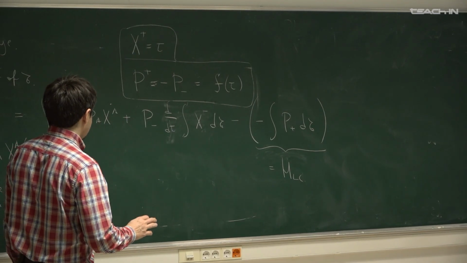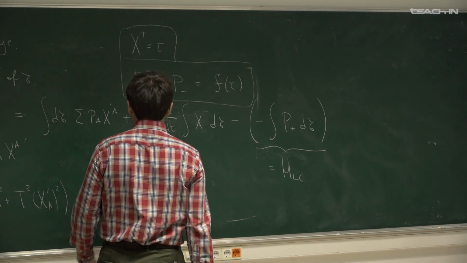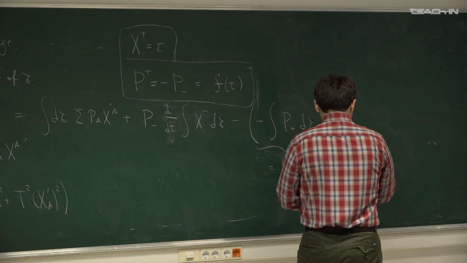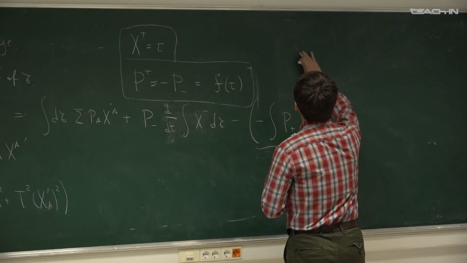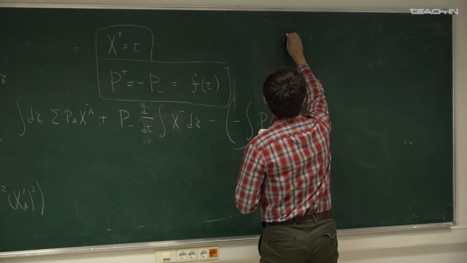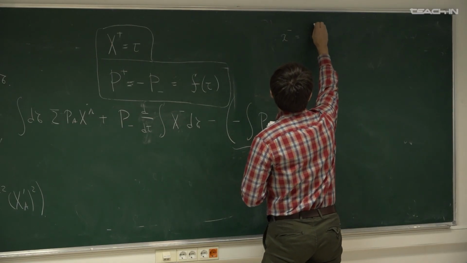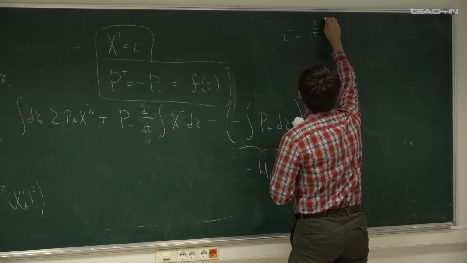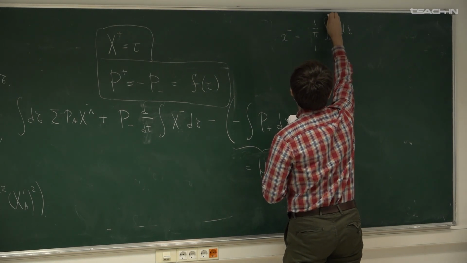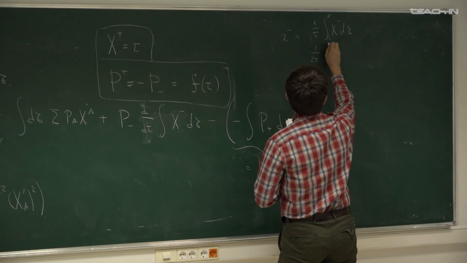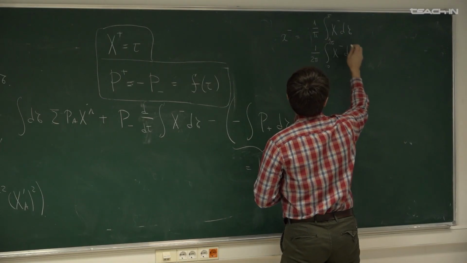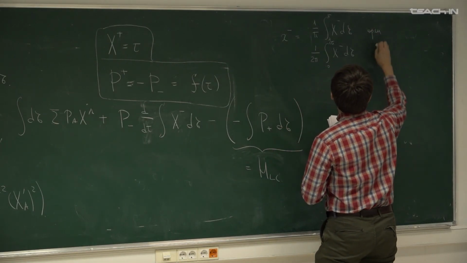Now we will use our notation for these averaged quantities. Like I told you before, small x minus is 1 over pi times the integral of x minus d sigma, or 1 over 2 pi. So this is from 0 to pi, or 0 to 2 pi. So this is open and closed.